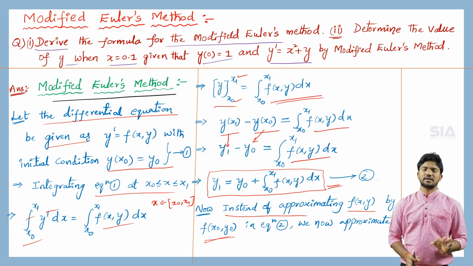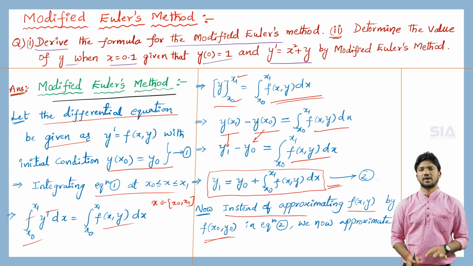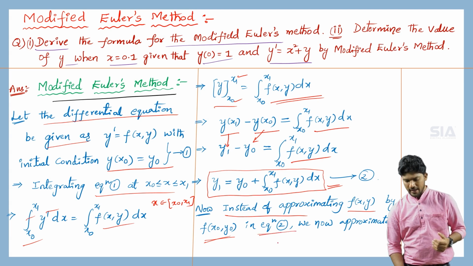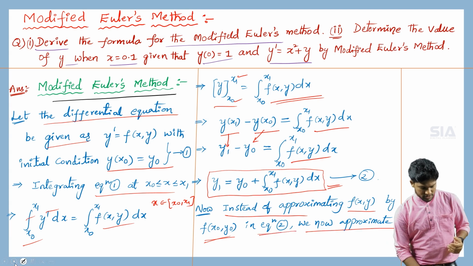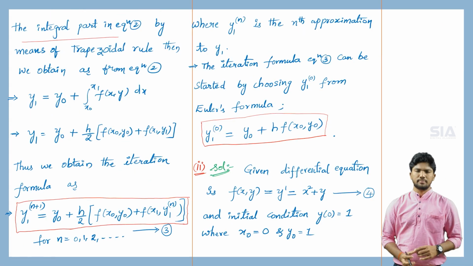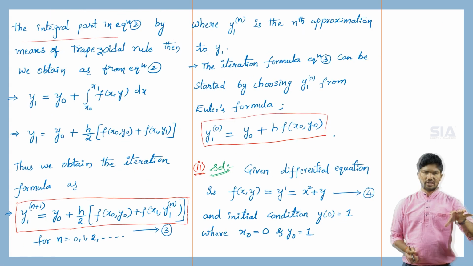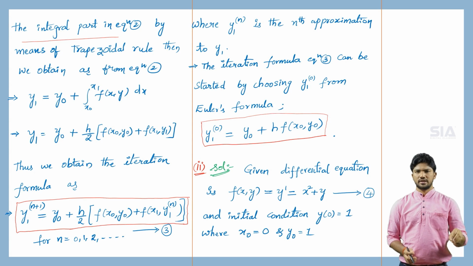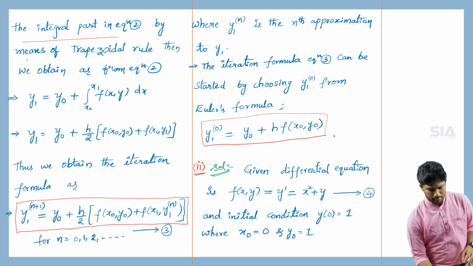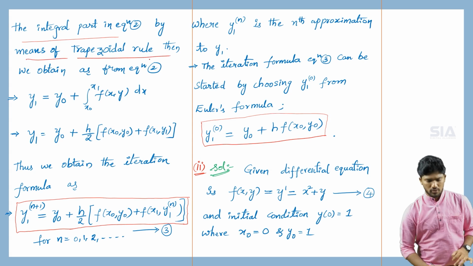Instead of approximating the function f(x, y) by f(x0, y0) in equation number 2, we now approximate the integral part in equation number 2 by means of the trapezoidal rule.